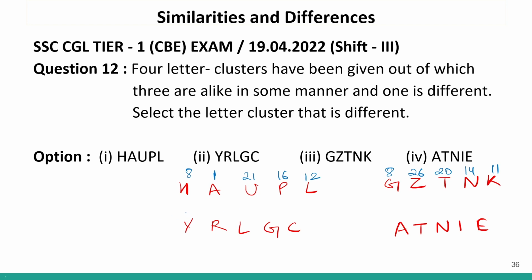Similarly, Y is 25, R is 18, L is 12, G is 8 and C is 3. Then 1, 20, 14, 9 and 5. So these are the forward ranks. Now if I look over here, this is minus 7.